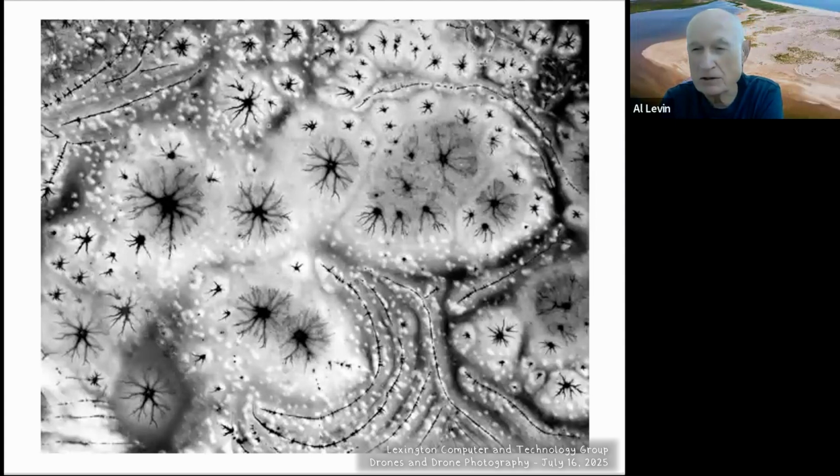There was a series of freezes and thaws. Freeze, thaw, freeze, thaw. I've been back subsequently in the winter when the pond is frozen. I've never seen anything like this.